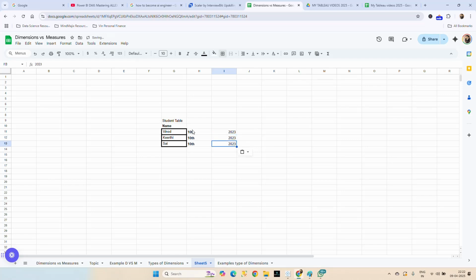After a certain period of time, these students move into intermediate or degree, right? So these dimension values slowly change into another value.